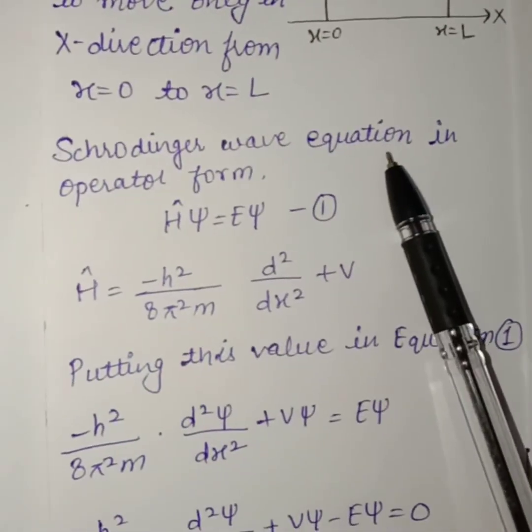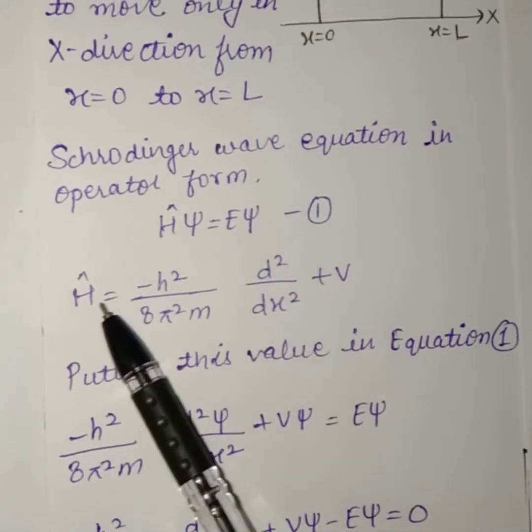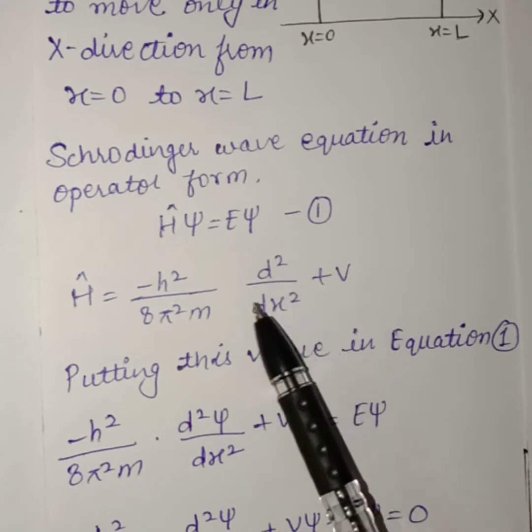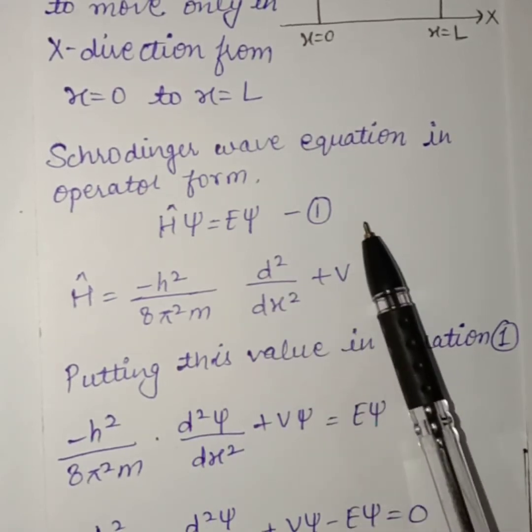Schrödinger wave equation in operator form is Hψ = Eψ, where H equals minus h square by 8 pi square m d square by dx square plus V. Now put this value of H in equation 1.